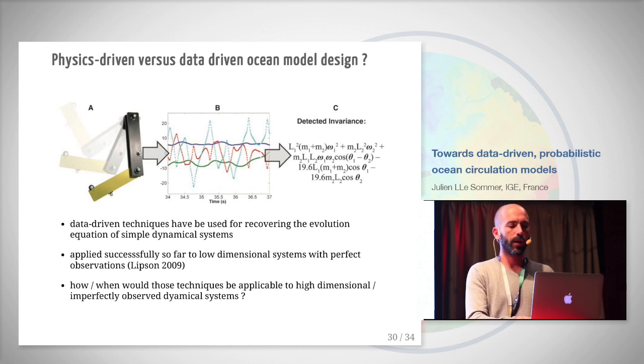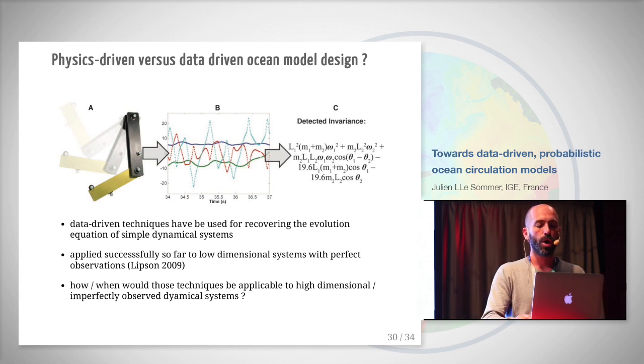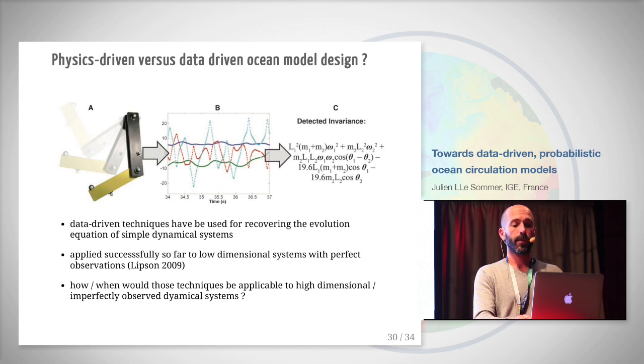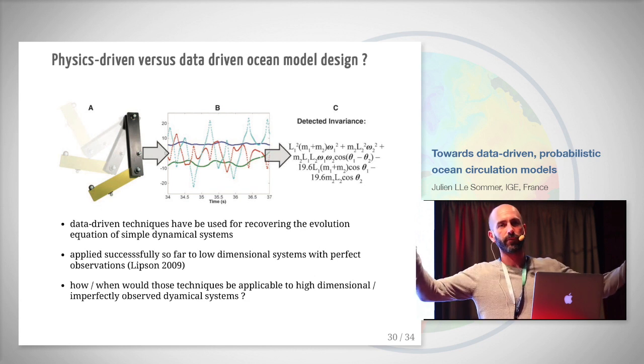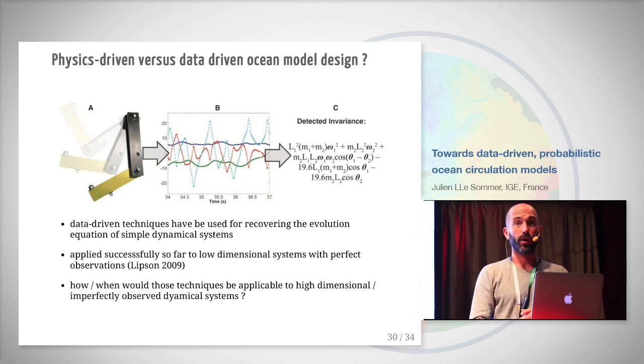Obviously, this is applied successfully for low-dimensional systems with perfect observations, which is hardly the case for the ocean, which is a fantastically huge system that we're observing imperfectly. So the question I'm asking is whether this kind of approach could actually bring something to oceanography, and I think we will see in the next 20 years whether this is happening or not, but I'd be very excited to see the answer to those questions.